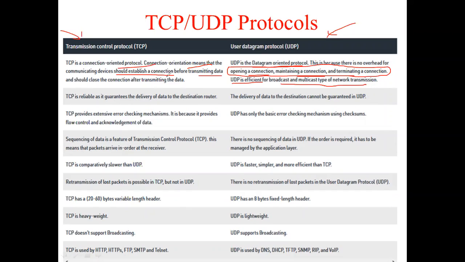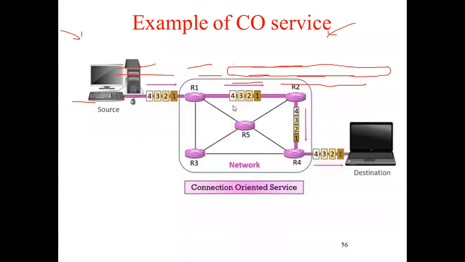Now, when talking about reliability, in UDP there is no dedicated virtual path between source and destination. You can see over here that other sources and destinations can send packets, which could cause collision.